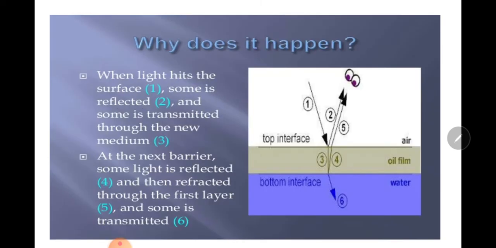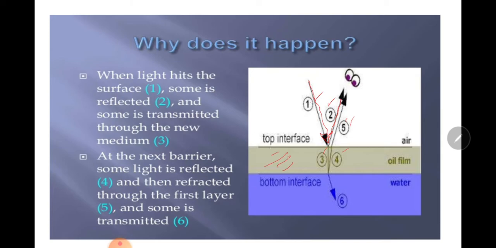Now why does it happen? First, if you look, numbering is given 1, 2, 3, 4, 5 and 6. We will explain. When a light ray hits the surface, some of it is reflected, and some is transmitted through the new medium.